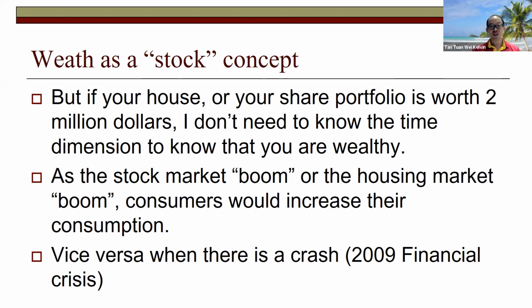Conversely, if the stock market crashes all the way down, people will feel poor, even if the income they earn from their job remains the same. When they feel poor, they will tend to consume less. So as wealth changes, your AD curve will shift because consumption will shift.